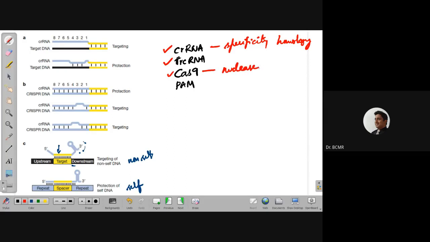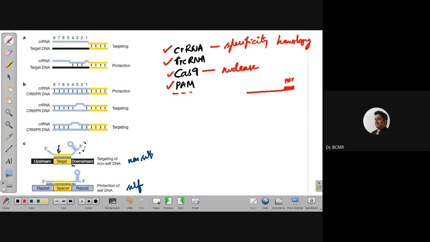It is the enzyme that cleaves the RNA or DNA. Here, mostly what we are talking about is DNA, but as I discussed earlier in one of the slides, there are CRISPR-Cas systems which target RNA molecules. And then we have protospacer adjacent motif, PAM sequences, which are usually present on one side of the targets.